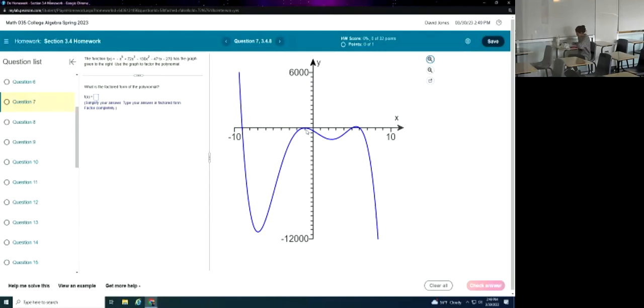Once I have this regraphed, I will change the camera back to the computer.